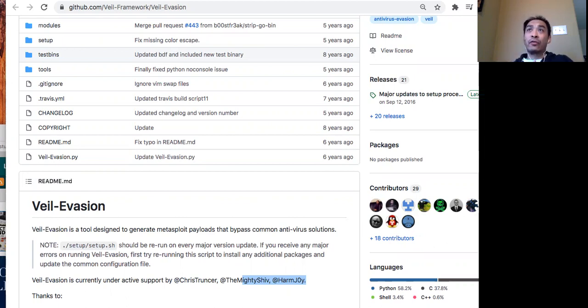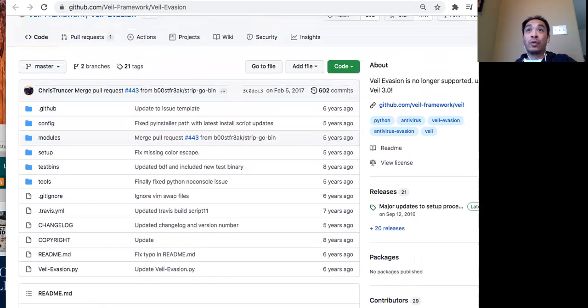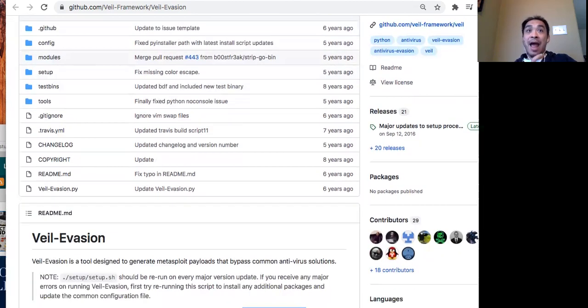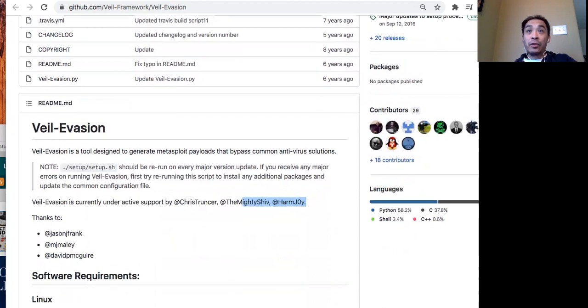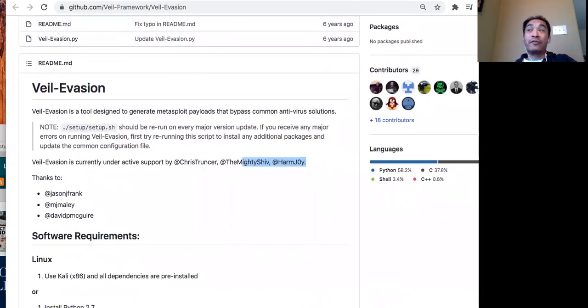Okay, so to start off with, a couple years back, there was this Avail Evasion framework, and it was really amazing and powerful. Back then, you could use this to obfuscate your malware and get your malware to work.